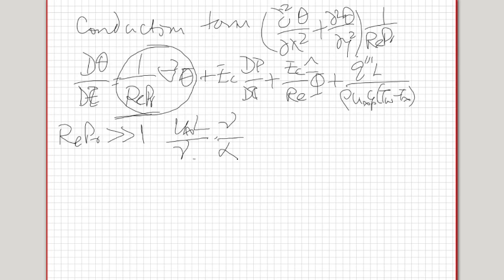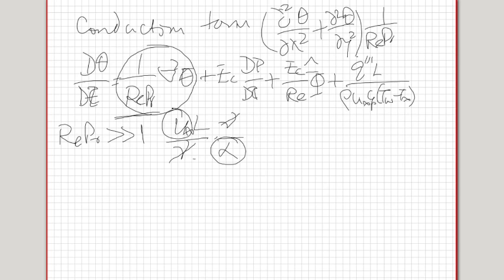So what happens basically here is that the RePr being much larger than 1 basically means, okay, if I cancel out these terms, the alpha term, which is basically the thermal diffusivity, is much smaller than the corresponding U infinity term. So alpha by L, which is the speed of diffusion, okay, because this is meter square per second by meter, so meter per second, that's the speed of diffusion, and U infinity, which is the speed of advection.